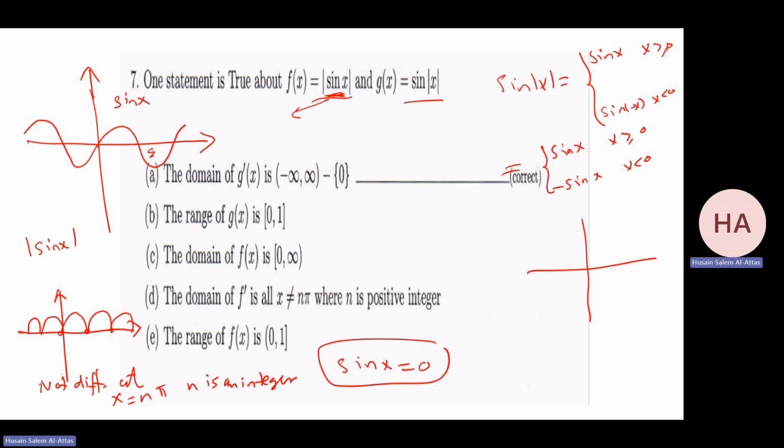If you want to graph it, I can also show you this is not differentiable at 0. This is sine x, the regular sine x. This one will be minus sine x. So instead of going like this, it will be reversed. So at 0, I have a problem. F is not differentiable at 0.